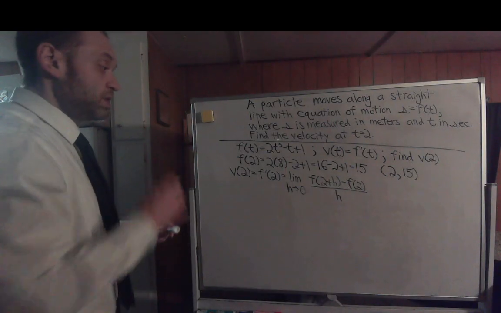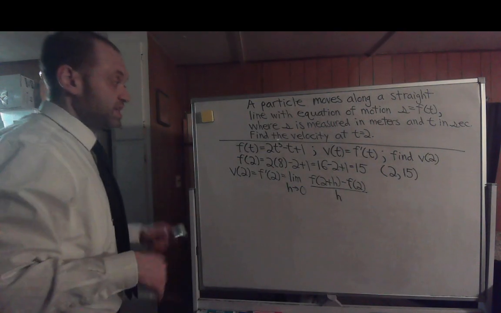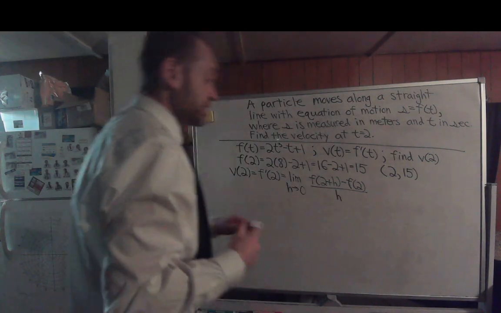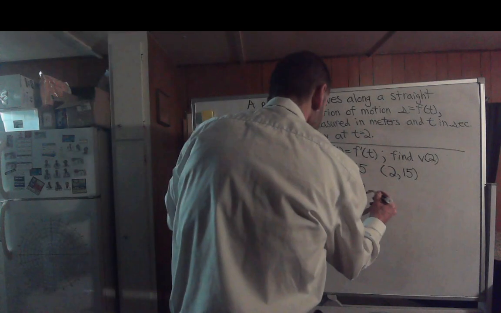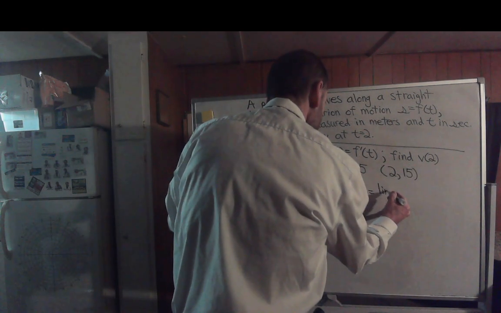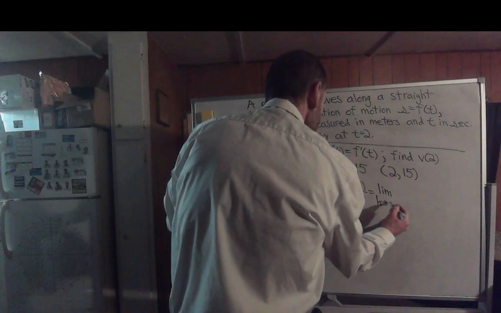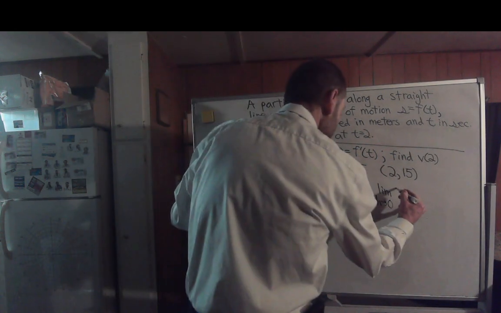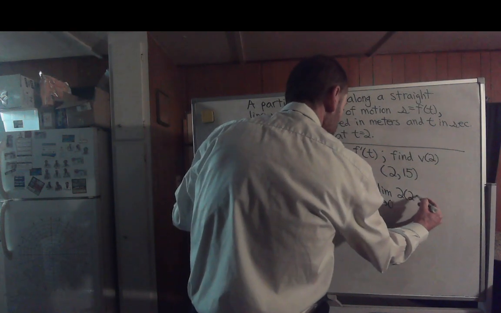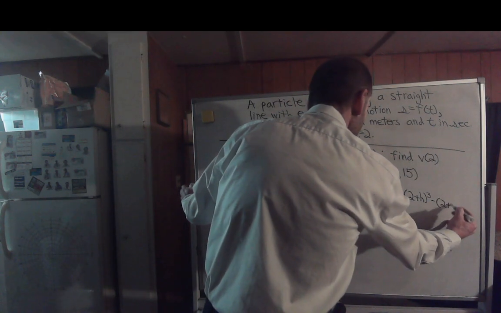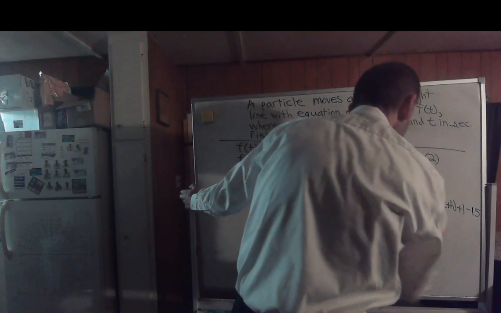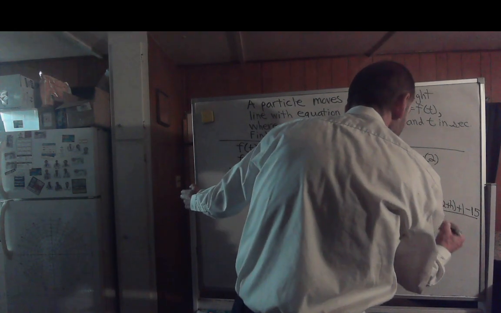Well, now, wherever you see the t, you'll put in 2 plus h. So this is going to turn into the limit as h approaches 0 of 2 times 2 plus h to the third minus 2 plus h plus 1, and then minus f of 2, well, that's minus 15 all over h.